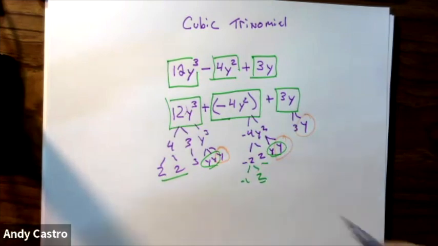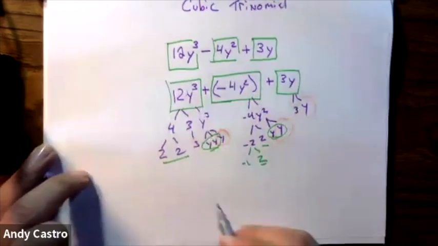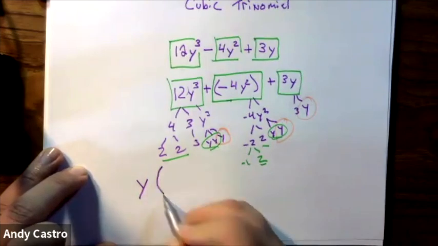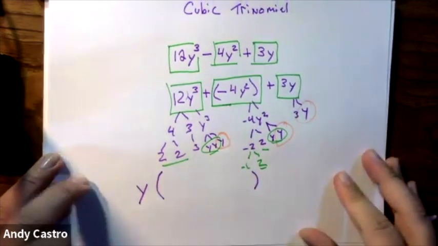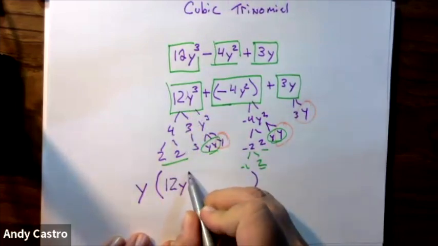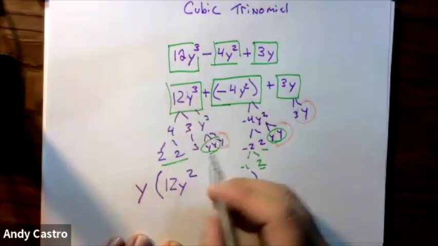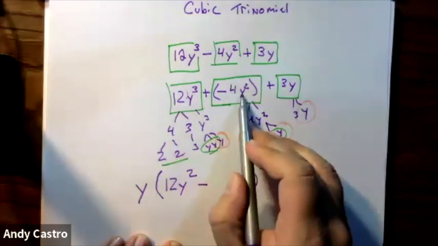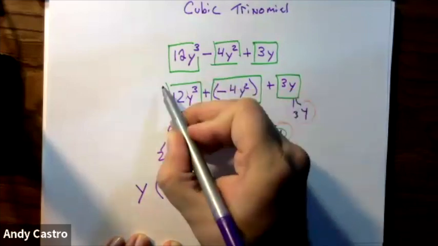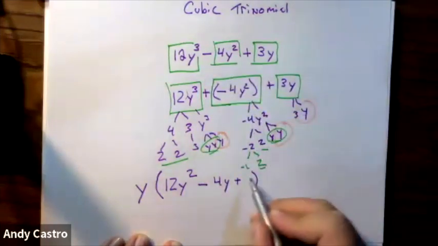So that's all we can pull out, the y out of each one of those terms. So I would have a y on the outside, and then I would multiply that by 12y squared, because I'm pulling one y out of there, minus 4y because I'm pulling one y out of there, and then plus 3 because I'm pulling the y out of there.